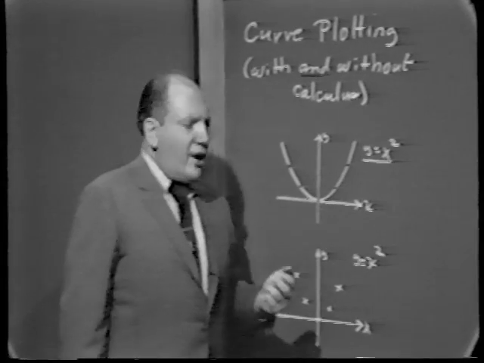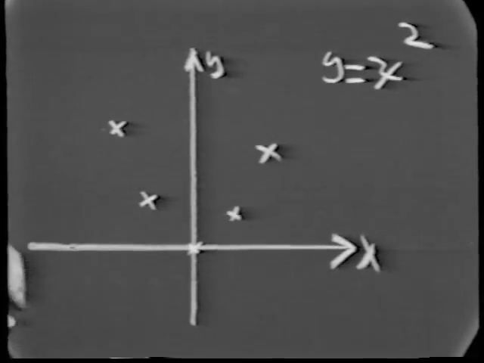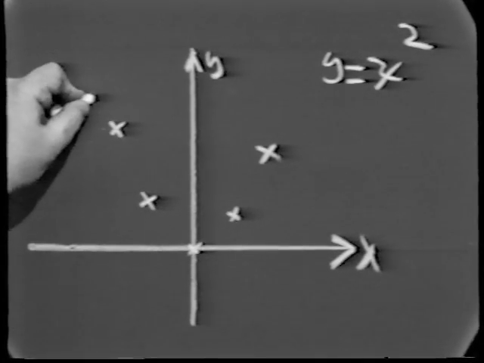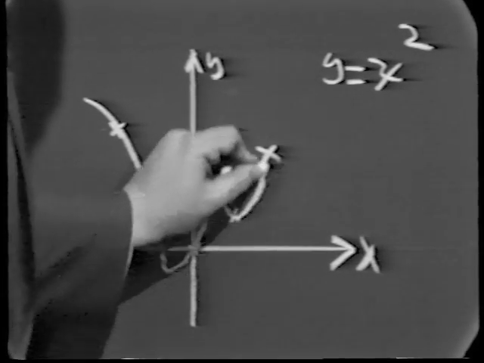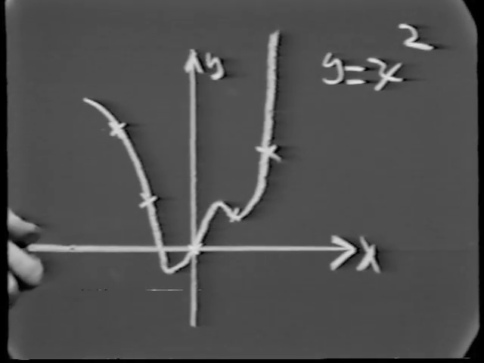But the idea is this. Going back to the problem y equals x squared, suppose we had located these points, and now we said, let's sketch a smooth curve through these. What would have been wrong with, say, doing something like this? Why, for example, couldn't this have been the curve?